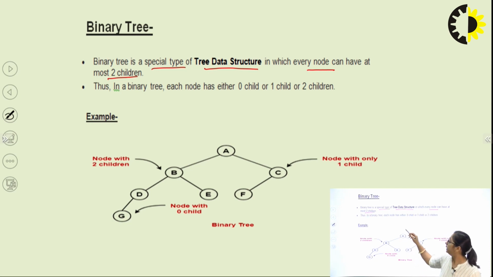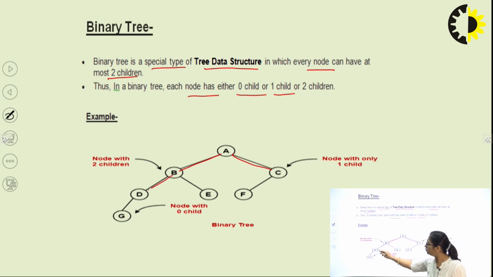So thus in a binary tree, each node has either 0 child, 1 child or 2 children. So this is the example, a node which has at most 2 children. So here at most 2 children, B and C. Okay, so maximum 2 children there, but here only 1 child. So we can say that this is a binary tree.